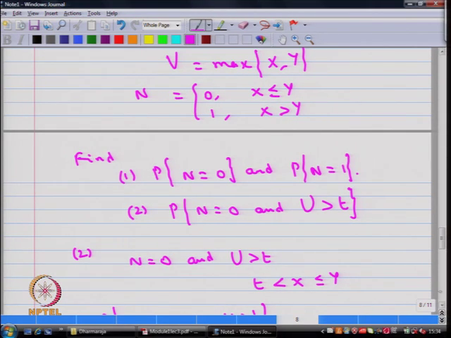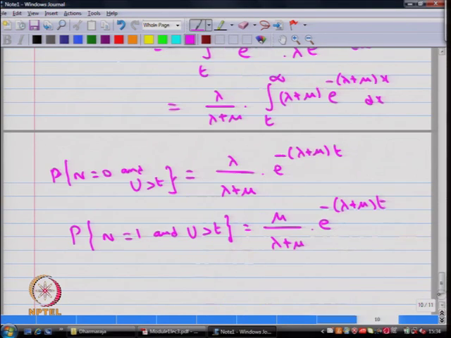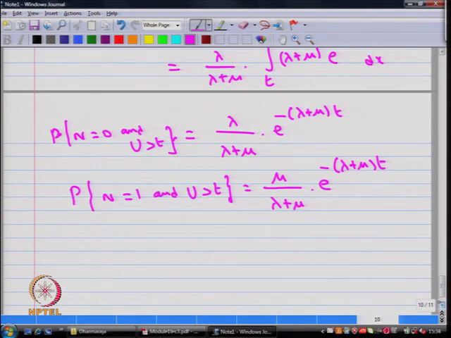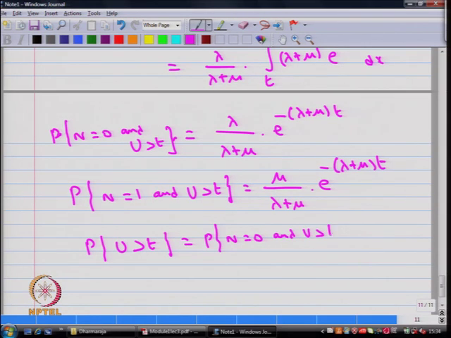Now, we will go for finding the first result. But before that, you can find what is the probability of U greater than t also. That is nothing but the probability of N is equal to 0 and U greater than t plus the probability of N takes a value 1 and U greater than t.